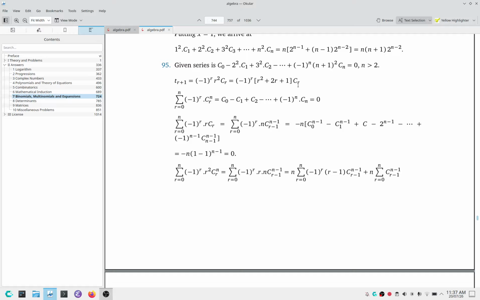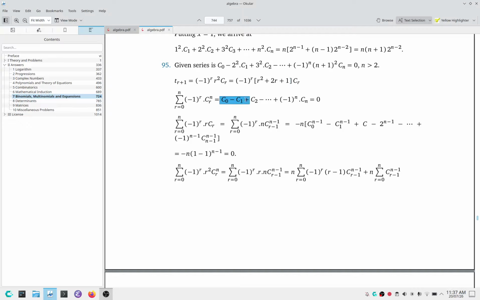So let me think a bit. If this is actually T(R plus 1), this should be (R plus 1) whole square. Okay, this is (R plus 1) whole square and this CR is good. Then this expansion is good. Now we consider (minus 1) to the power R times 1 times CR.